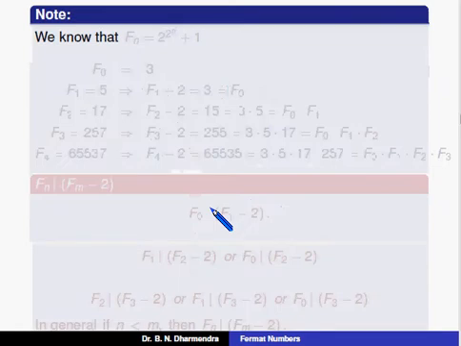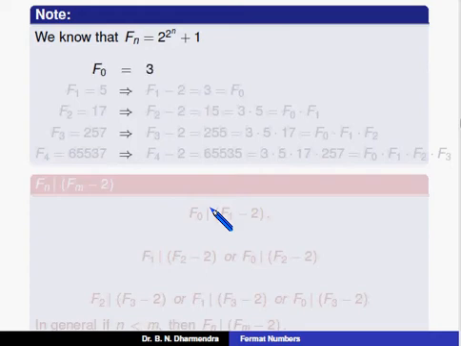Now we know the definition of Fn, that is 2 to the power of 2 to the n plus 1. When I substitute n equal to 0, F0 is equal to 3, and F1 is equal to 5.